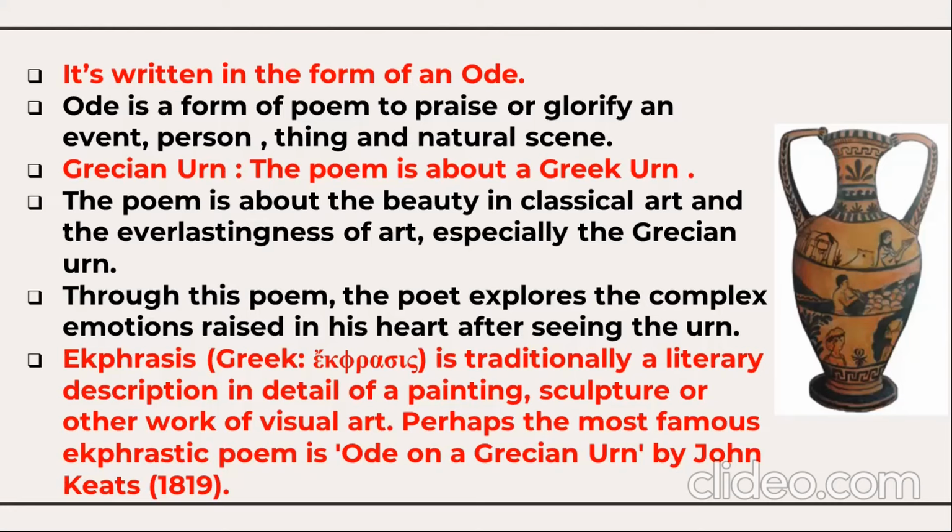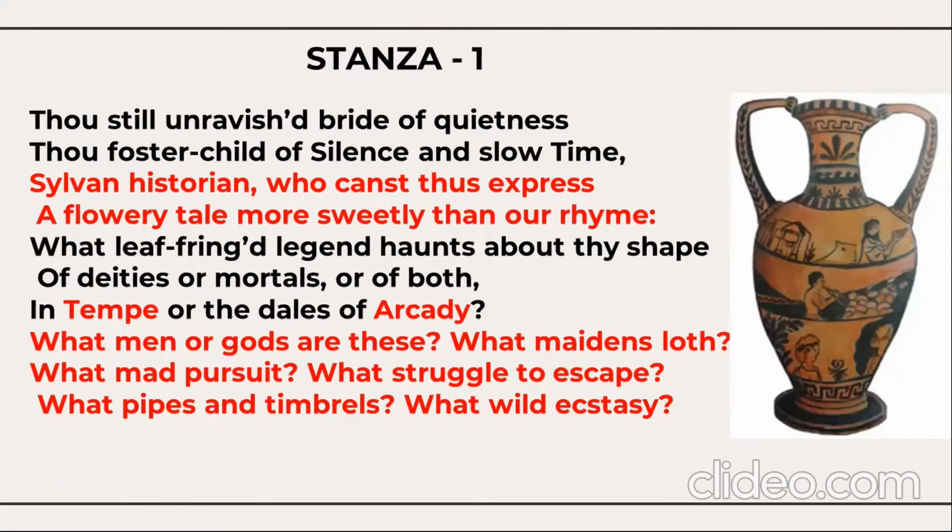So when you describe any of the visual arts, painting, or sculpture in the form of poetry, such a literary device is called ekphrasis. And perhaps the most famous ekphrastic poem is Ode on a Grecian Urn by John Keats in the year 1819. So now let's have a discussion of this poem in detail, line by line.